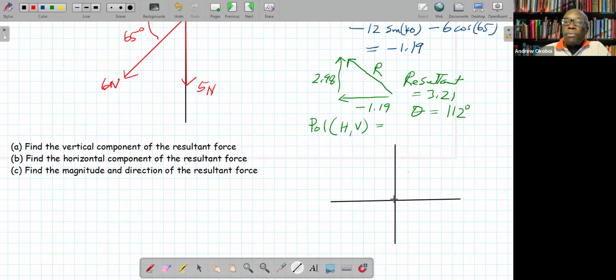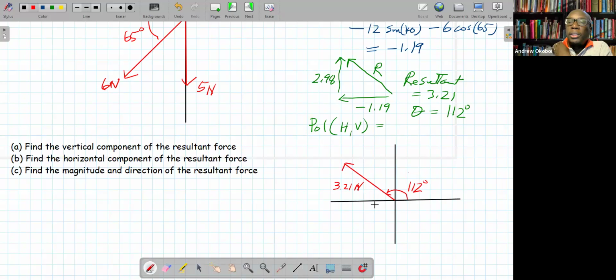This is my resultant force, which is now 3.21 newtons. And this angle here is 112 degrees. And that's the result.